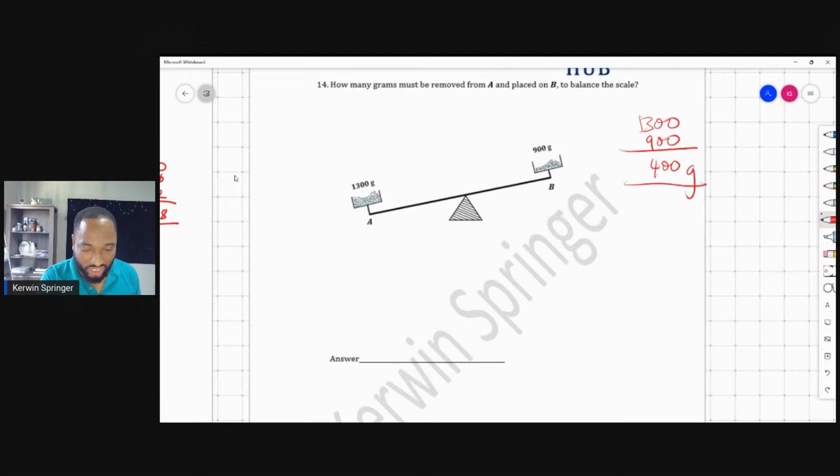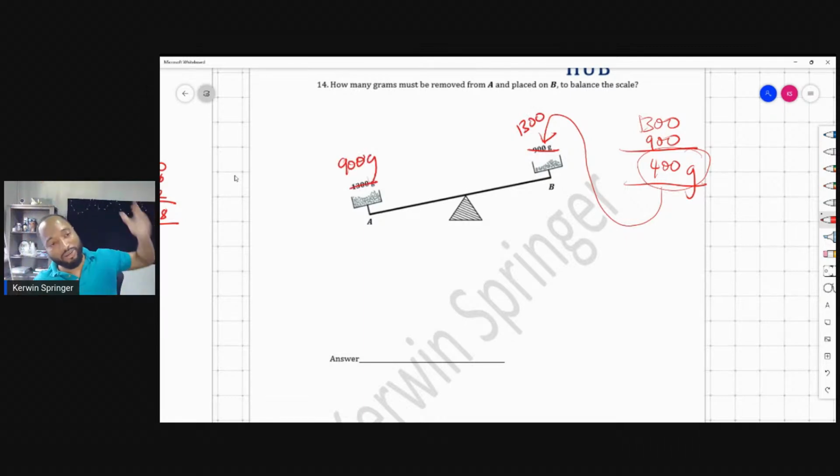And I'm seeing that answer in the chat a lot. If you take this 400 grams and you throw it here, what do you think will happen? Now this one will turn to 1300, and this one will turn to 900, and the scale will still not be balanced. So 400 is wrong.